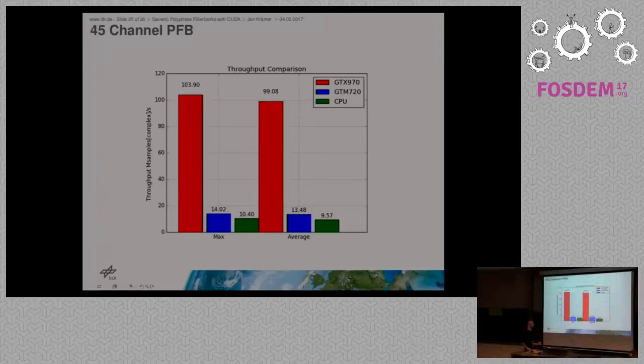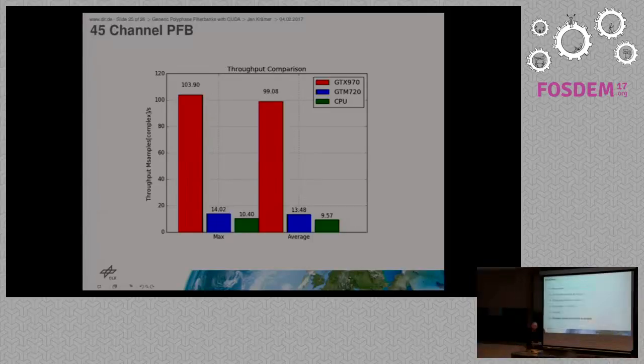And you see we still get above 100 megasamples with the CUDA implementation on the GTX 970. The GT 720 is a bit worse, or far worse, with 14 megasamples, which would still be okay in our use case. And then the CPU version is actually not that much slower than the GT 720M.